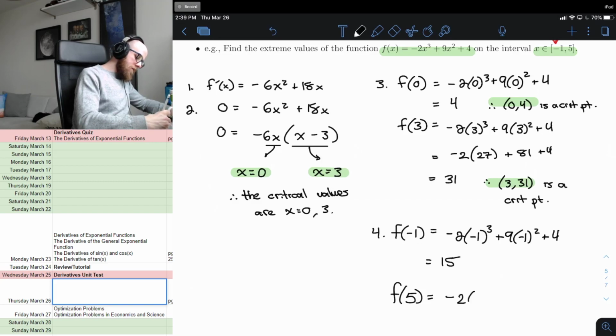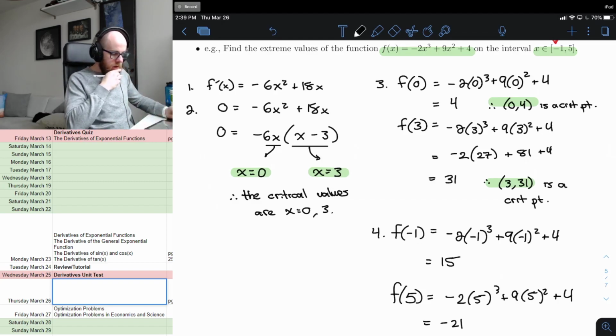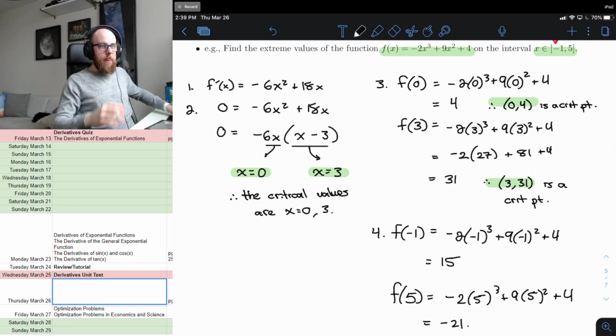So -2 times 5 cubed plus 9 times 5 squared plus 4. I get a value of -21. Okay. Step 4, done. I have the value of my function at my two endpoints.